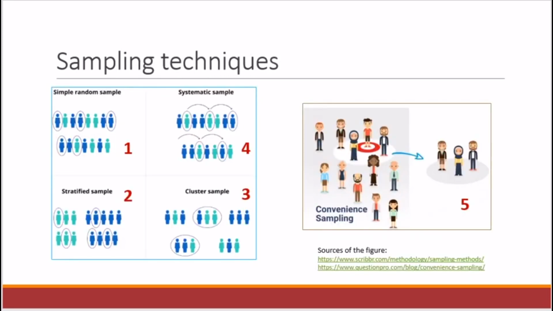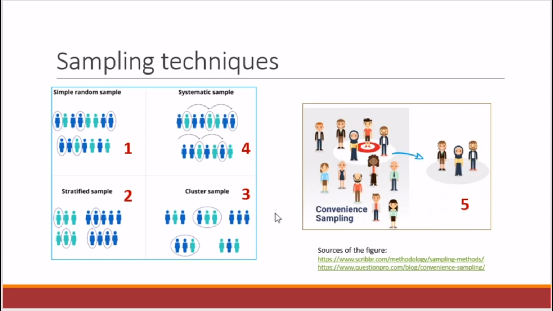There are different sampling techniques. In this slide, I have presented 5 of them here. I think they're the most commonly used sampling techniques. I'm going to present them in this order. First, I will discuss the simple random sampling. Then number 2 is stratified sampling or stratified random sampling, followed by cluster sampling, then systematic sampling, and finally convenience sampling.